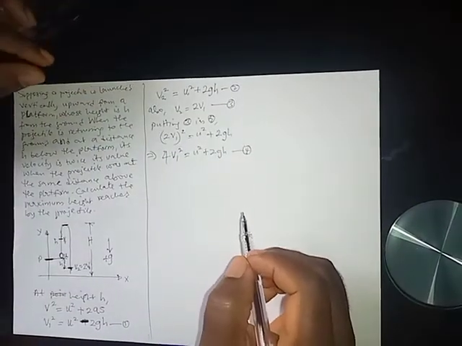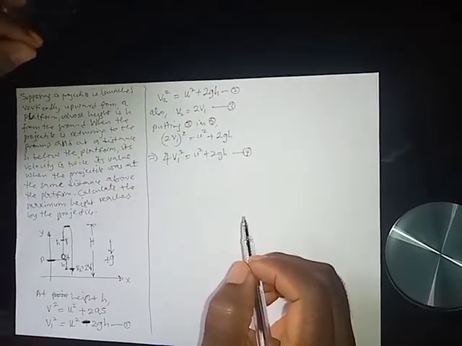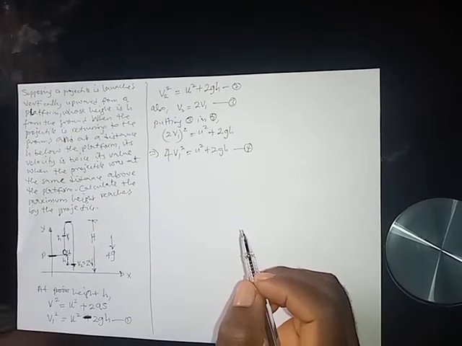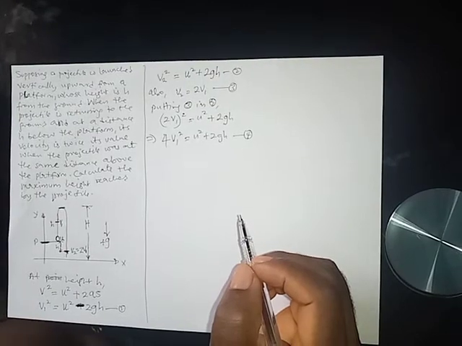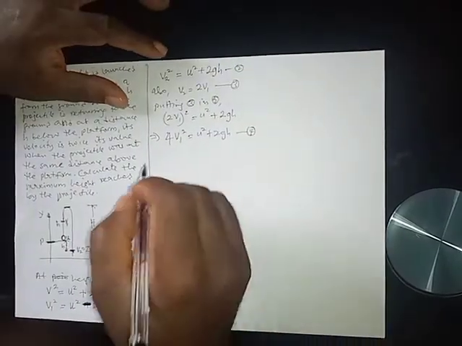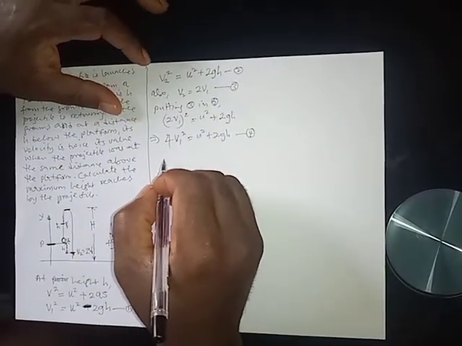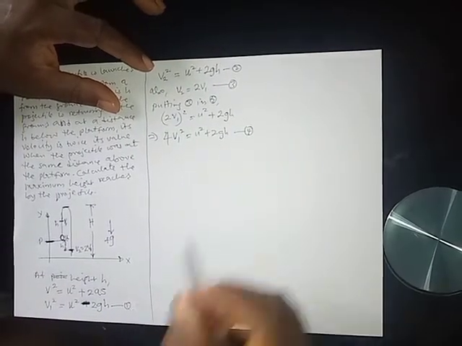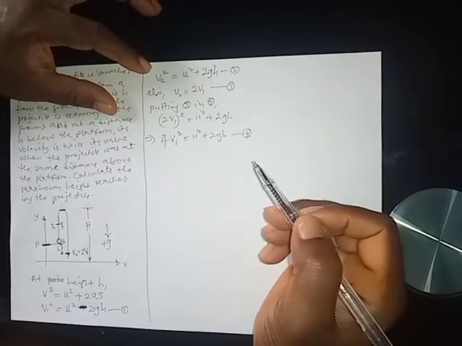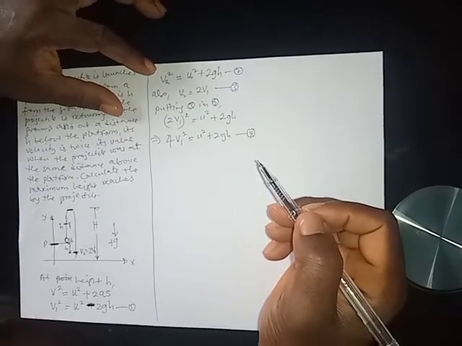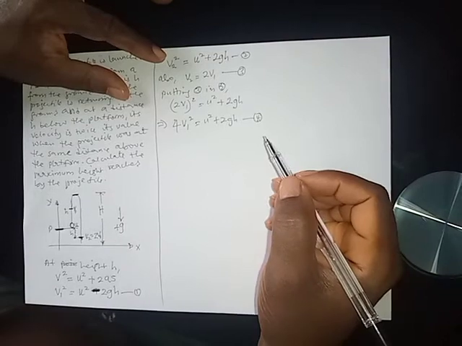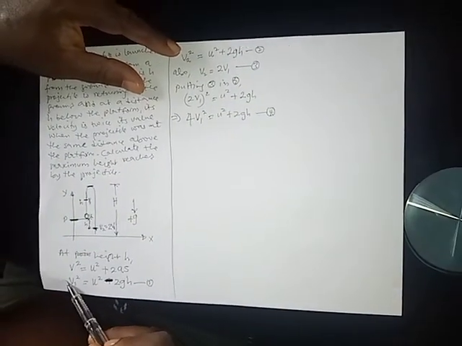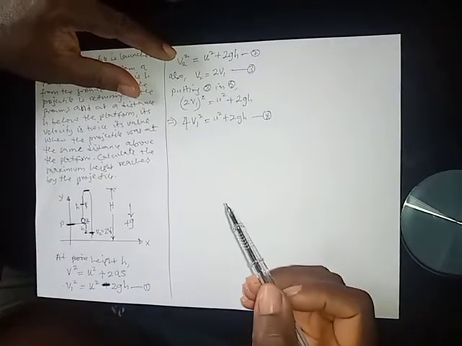Don't forget that what we are looking for is h, the maximum height reached by the projectile. So to get that, we need to solve equation 1 and 4 simultaneously. To start, let us multiply equation 1 by 4 so that we can eliminate v1.